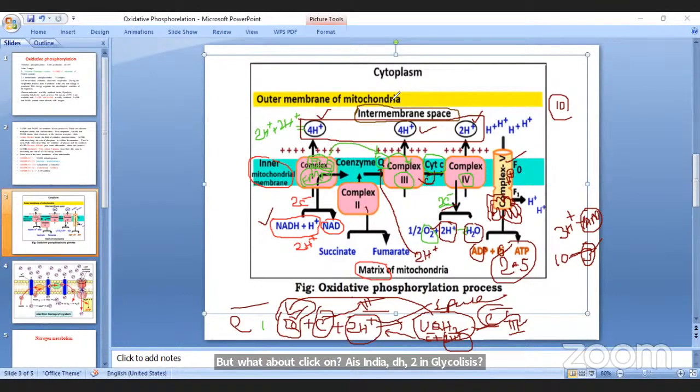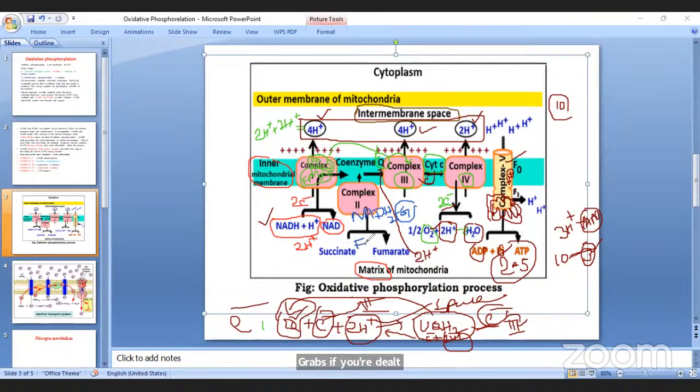Right. Let me change color. Glycolysis NADH2, or Krebs FADH2.